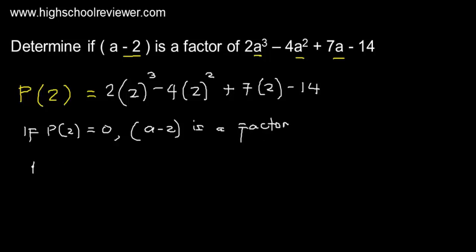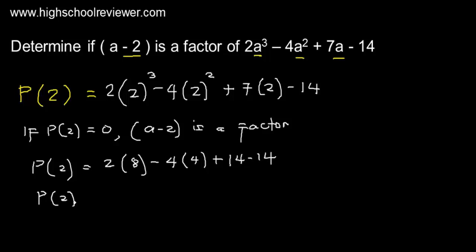Let us continue. We have here p(2), and this will be 2 raised to 3, that is positive 8 minus 4, 2 raised to positive 2, that will be positive 4, plus 7 times 2 is 14 minus 14. p(2) will be equal to 2 times 8, that is positive 16, minus 4 times 4 is 16, plus 14 minus 14.